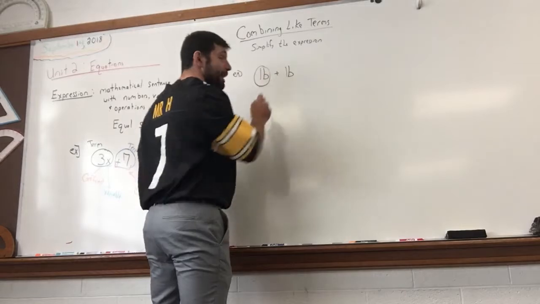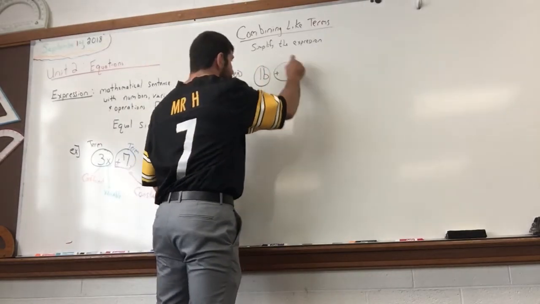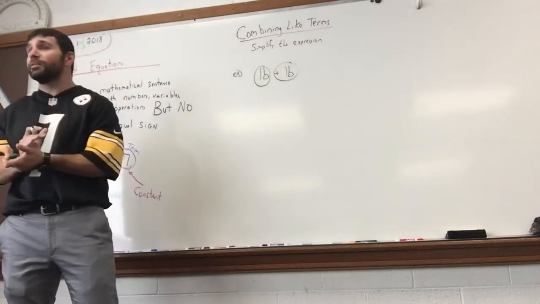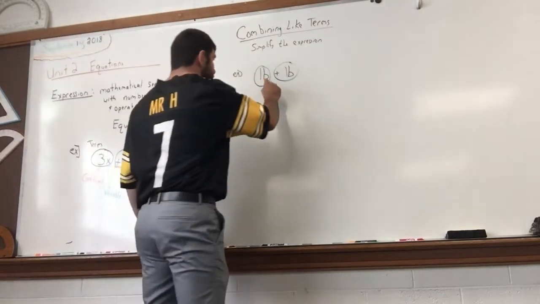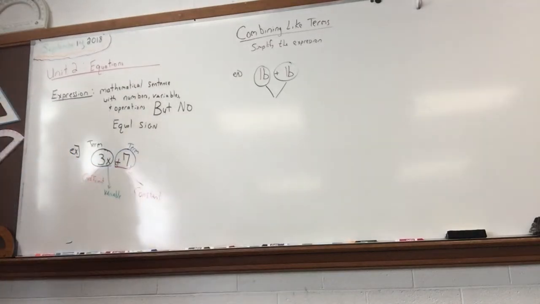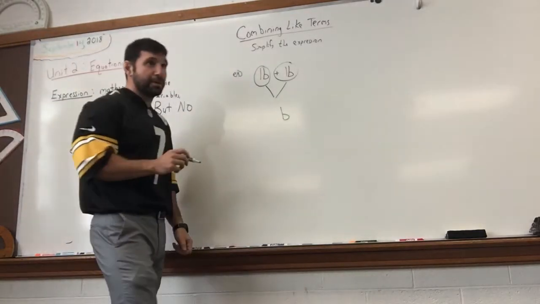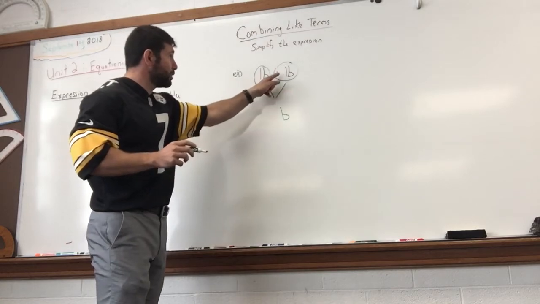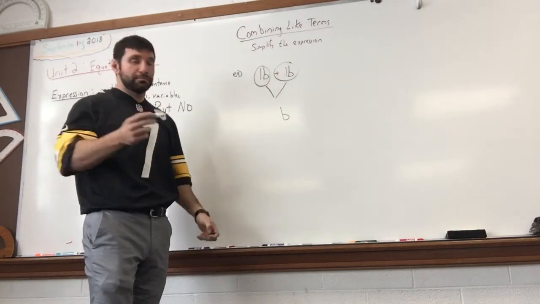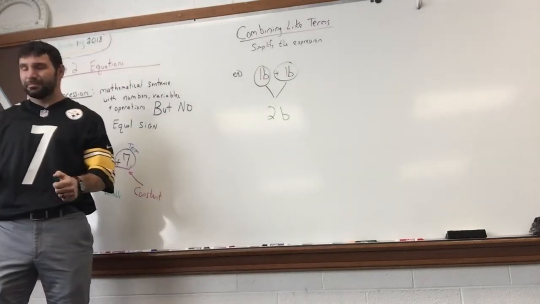Yeah. My other like term has to include the sign in front. That's what's telling me what is happening. So, just like with the exponents where we kept that base, we want to keep the variable. Because if I'm adding black markers and black markers, what am I going to still have? Well, black markers. So I'm still going to have my B. Then we say 1 plus 1. Gives me 2 black markers. Is that hard? No. Okay.